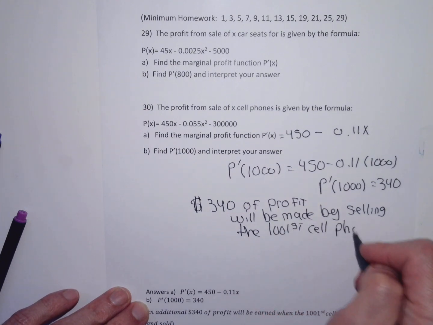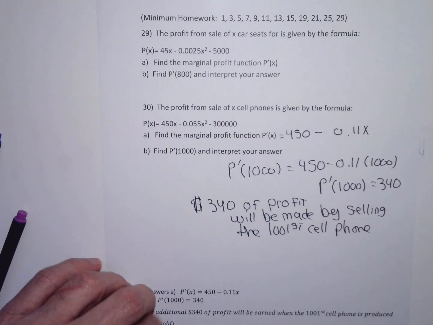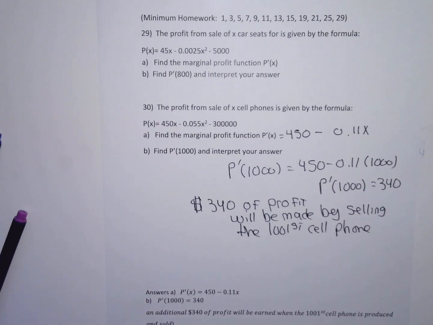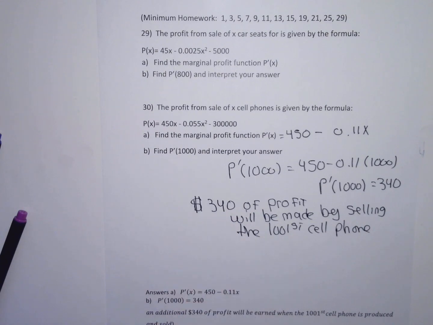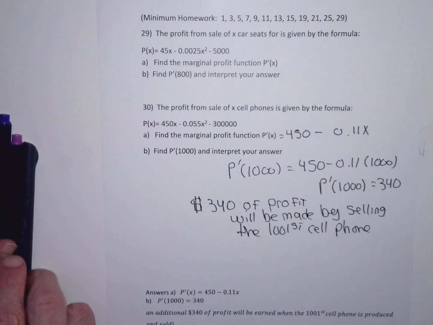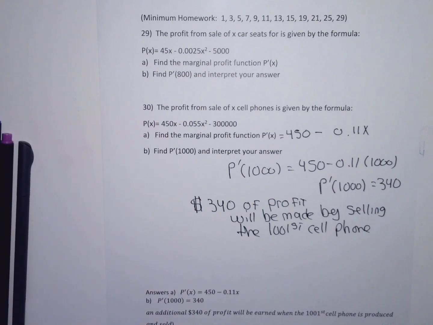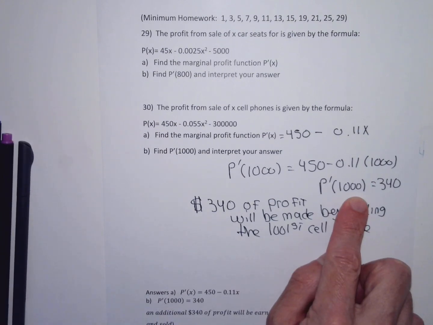Marginal profit tells me the additional profit by selling the next item. So the next item from the 1,000th cell phone is the 1,001st cell phone. The company just makes an extra $340 by selling the 1,001st, one more than the number in the parentheses.